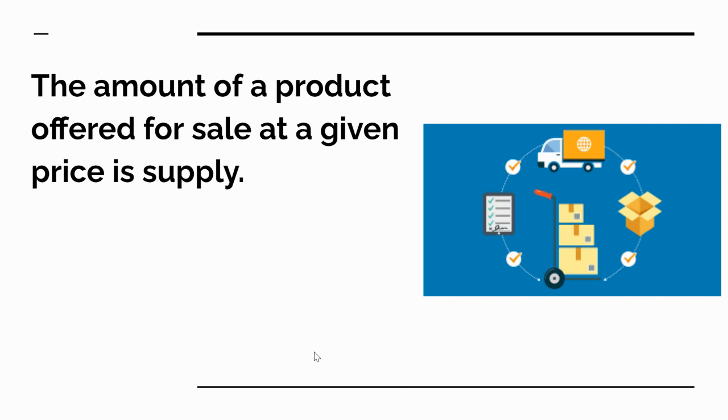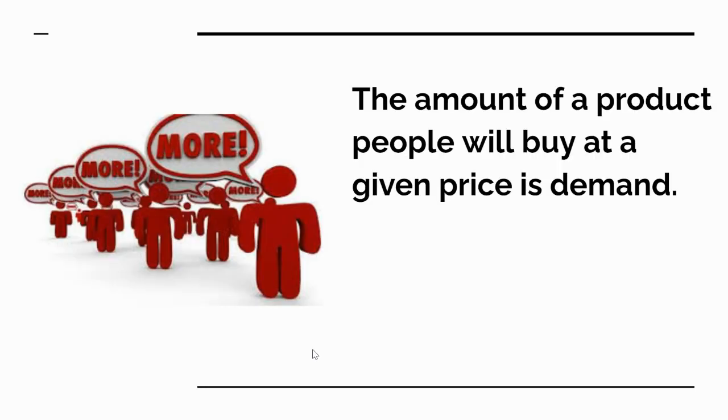The amount of a product offered for sale at a given price is called supply. The amount of a product people will buy at that given price is demand. Let's look in terms of gas prices.